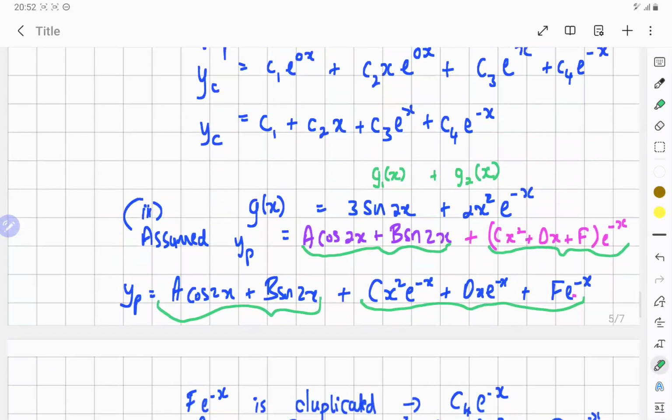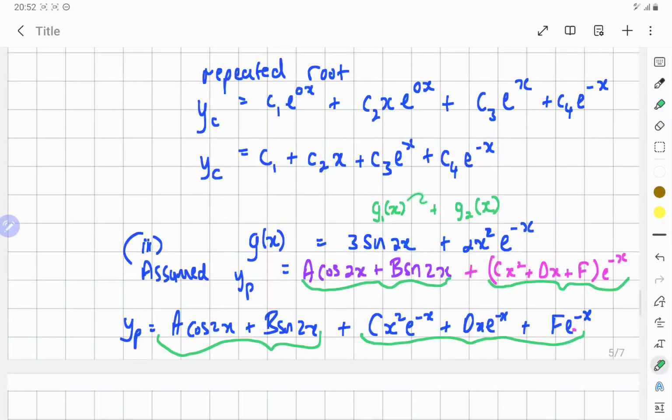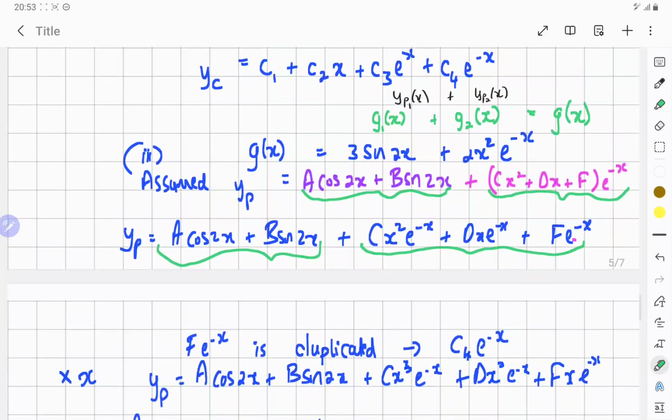Now let's go to g(x). So I have 3 sine 2x plus 2x squared e to the negative x. That's the reason why I now said that my g(x) is equal to g1(x) plus g2(x). Now what we're going to get later is yp1(x) plus yp2(x). So for each one, we need that associated or corresponding particular form.